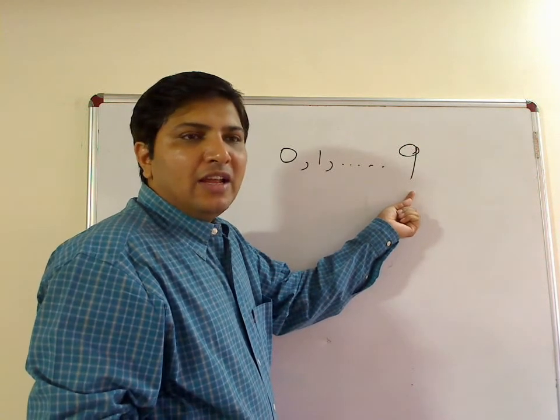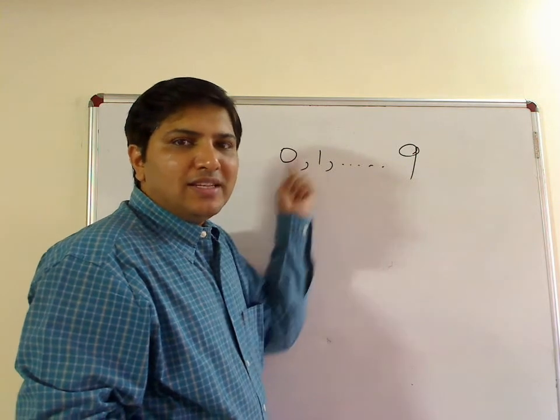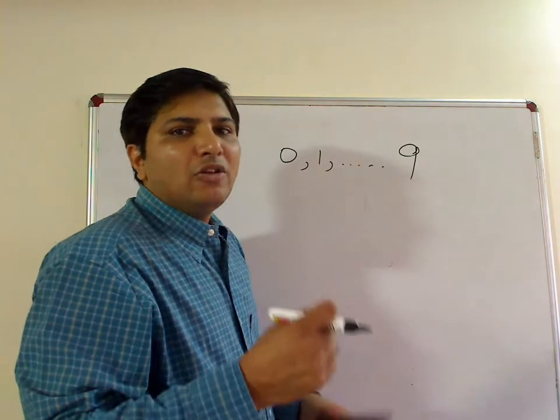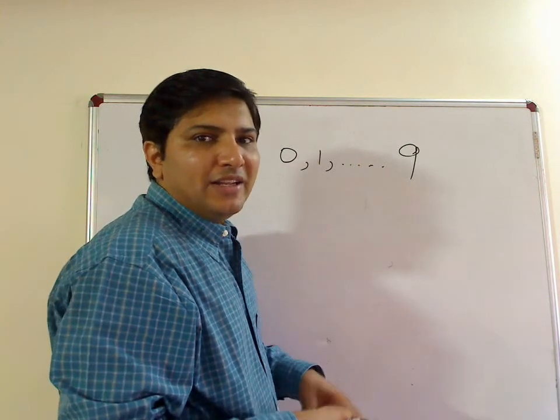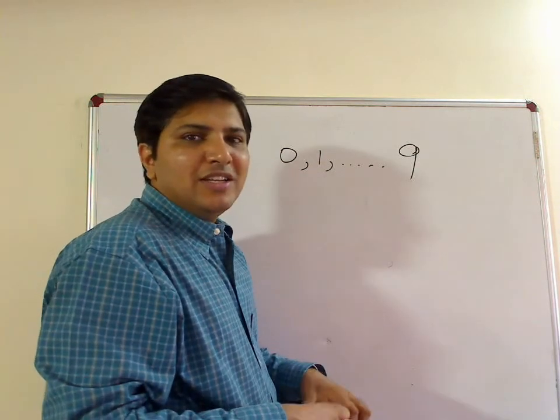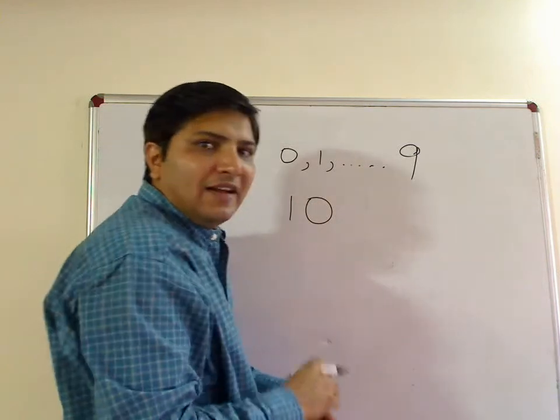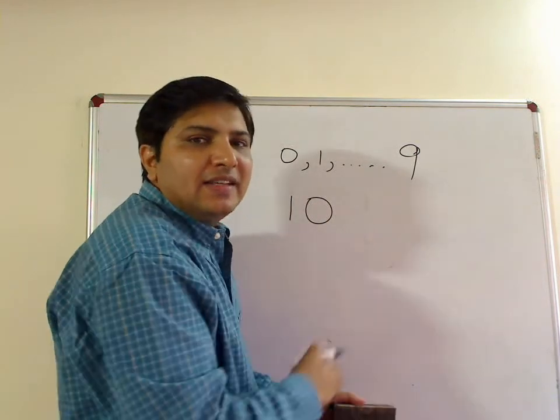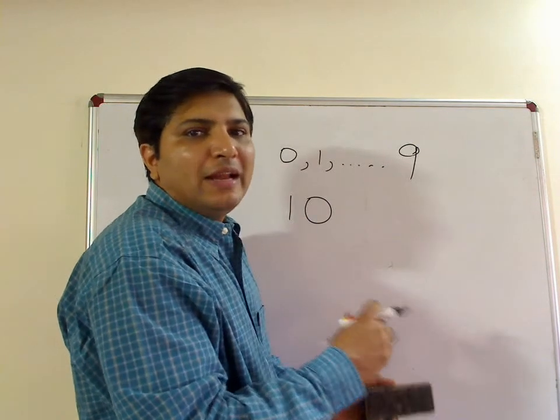After we reach 9, we take the 2-digit numbers that can be formed using these 10 digits, and we start off with the smallest possible 2-digit number which can be created. The smallest possible 2-digit number which can be created using the digits 0 to 9 is 10. Then we increase the scale of this until we exhaust all 2-digit numbers.